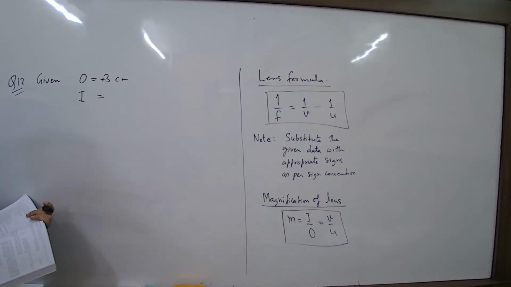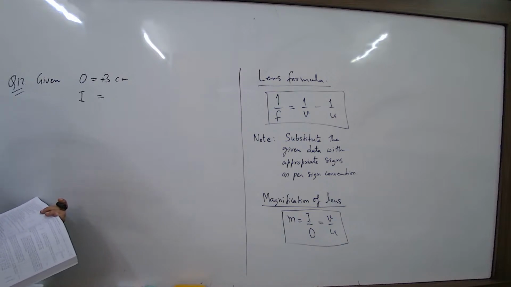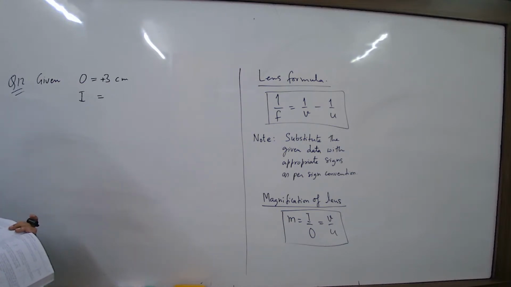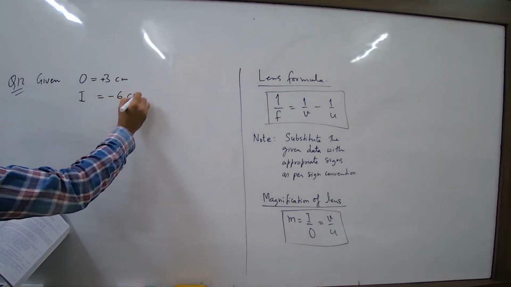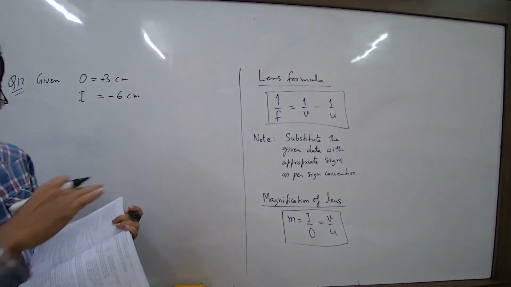The image is magnified, and it is double the size, correct? So what should it be? On a screen placed behind the lens, it has to be real, right? So real means it should be minus 6 centimeter. Understood? This is how you have to figure out. The image is forming behind the lens.